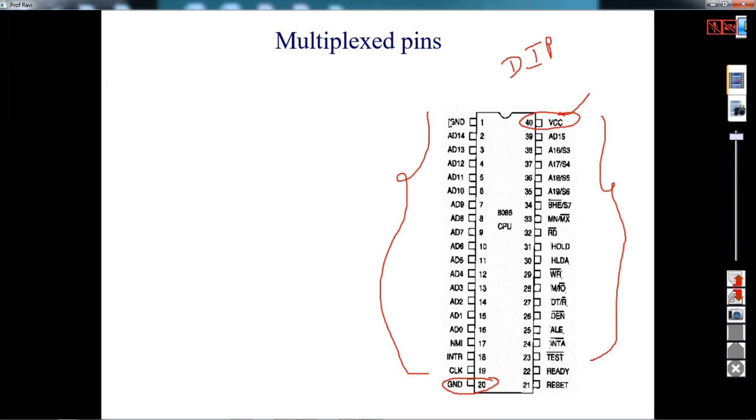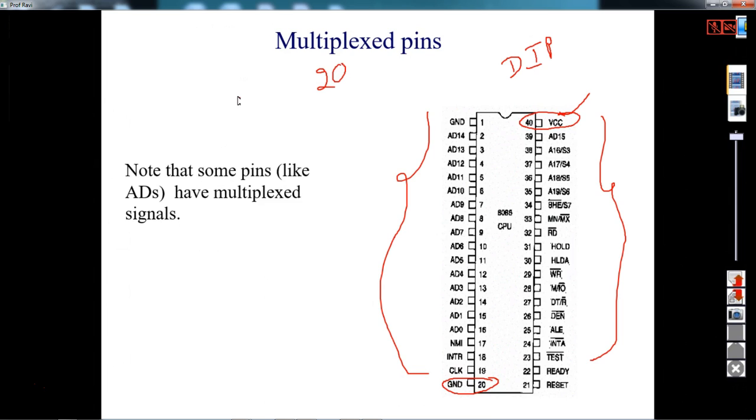Now we will see the hardware details. Let us go ahead with the first one. The number of address lines for the 8086 processor is 20, and the number of data lines is 16.